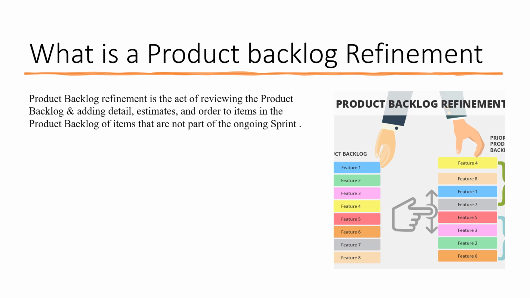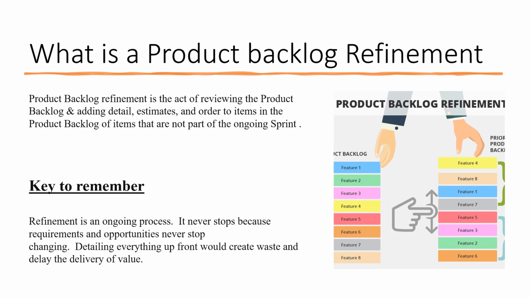And the main thing is that they are not part of the ongoing sprint. Ongoing sprint, I'm stressing it again. Why? Because I had this question in my PSM too. I made a mistake because I didn't notice the term ongoing sprint. It was a true or false question, and I just took it as true. But make sure to note this one, so I'm repeating it. We do backlog refinement for the future sprints, not the ongoing sprint.